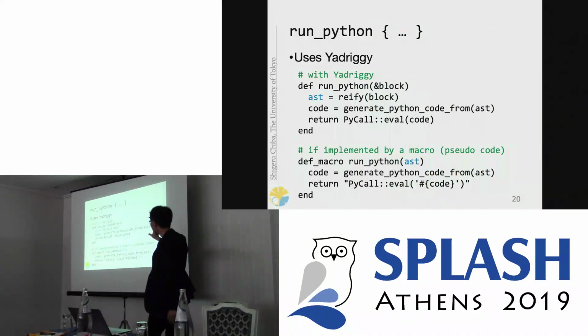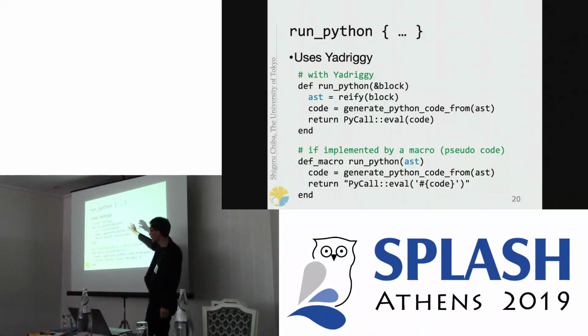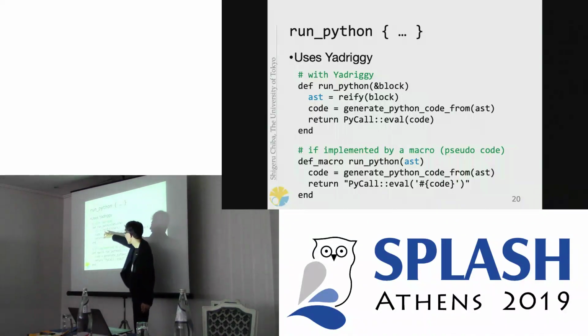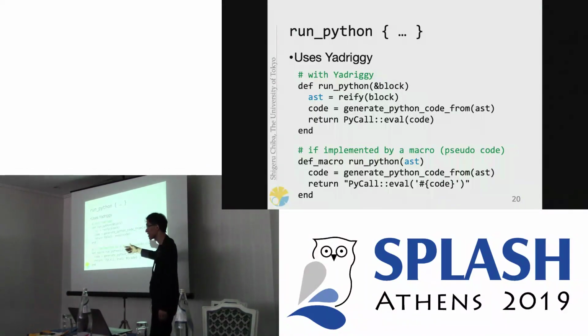So the implementation is quite straightforward. You can define the run_python method like this. First, take a block, which is a lambda expression following the method call. Make an AST, an abstract syntax tree, generate Python source code from this, and call PyCall eval, which takes a string of source code and executes it on the Python interpreter.